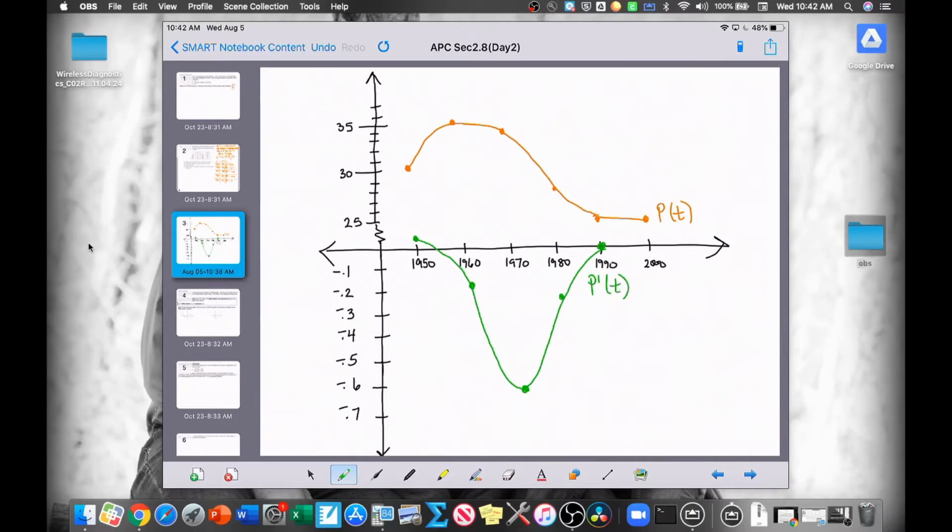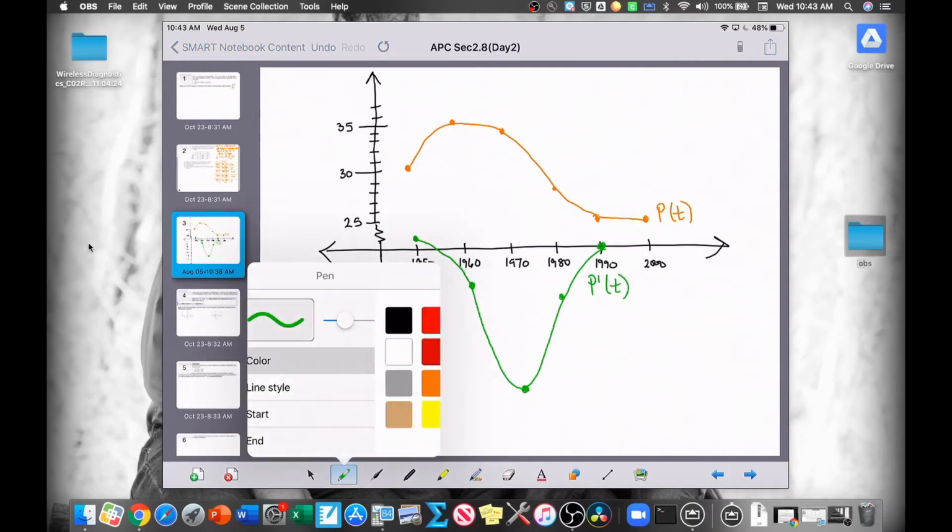Okay, now let's pause for a second and think about what we know about a function and its derivative. The derivative function was derived from the slopes of P of t. So a few important characteristic locations to look at. When the slope of my original function is 0, my derivative should be crossing the x-axis.